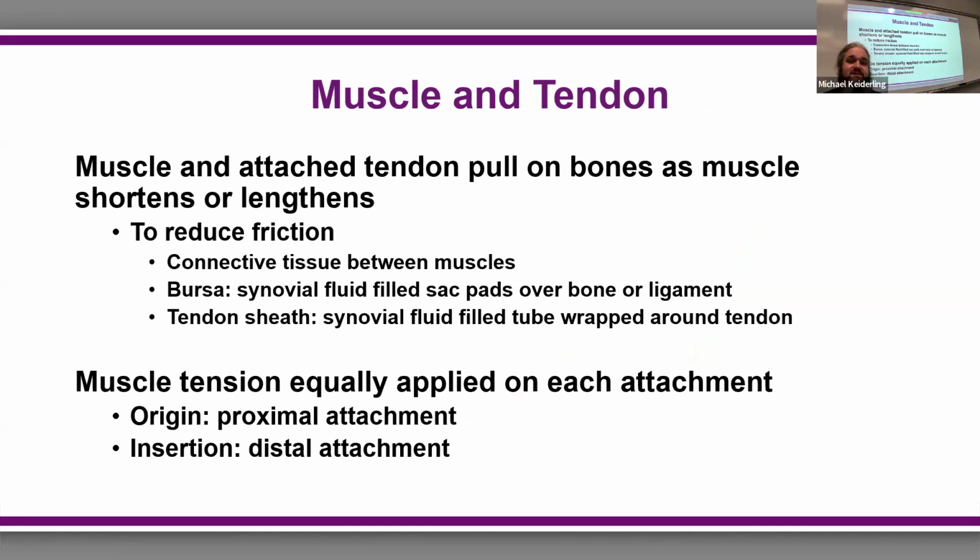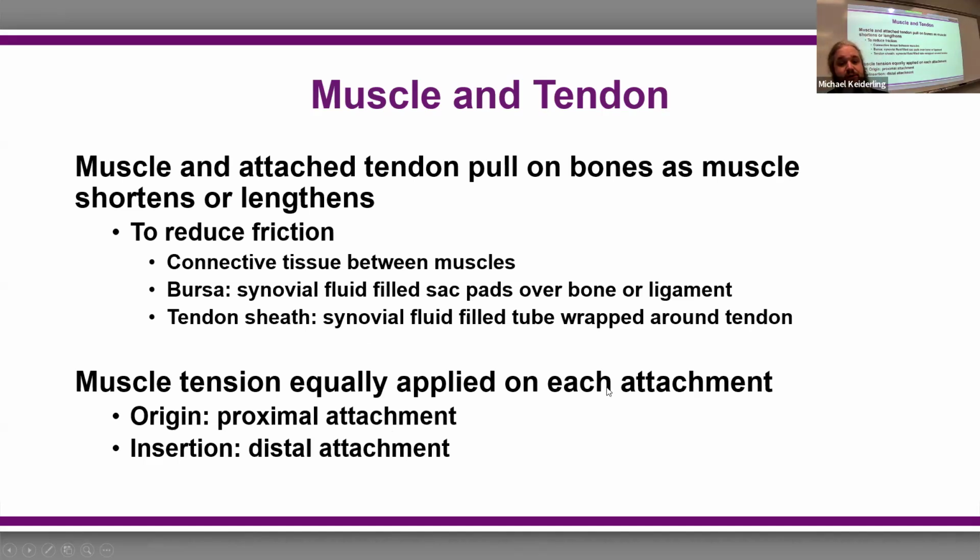And to reduce friction, there's connective tissue between muscles. There are bursa, which are synovial fluid-filled sac pads over bones to allow your tendon or muscle to slide over the bone or ligament. And then there's a sheath around the tendon, which is a tube wrapped around the tendon that helps allow things to slide.